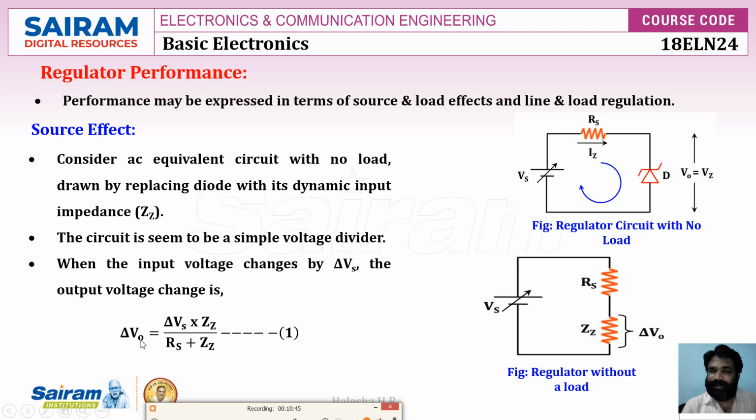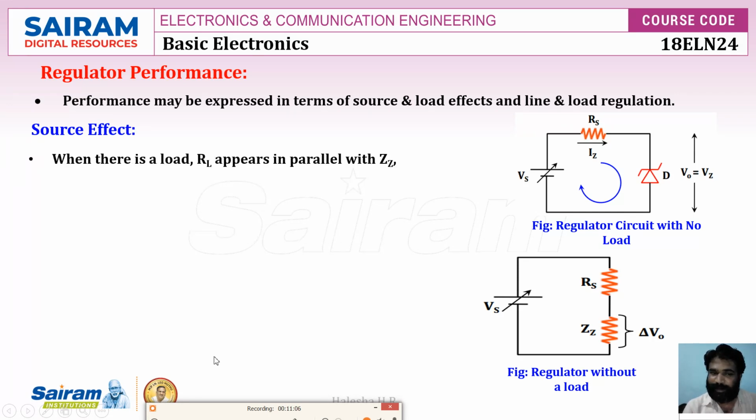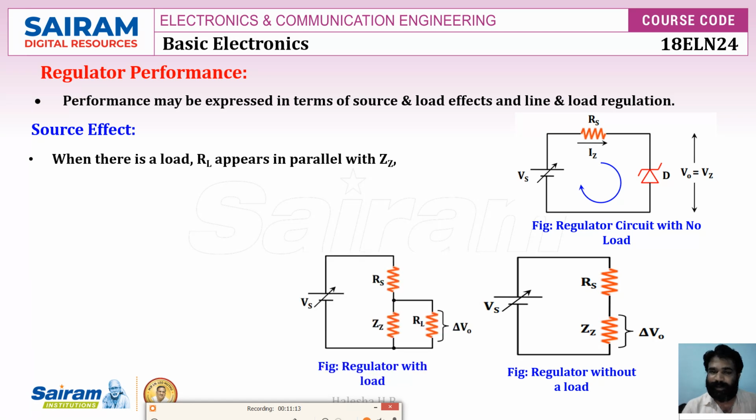This is the change in output voltage. So we are changing the source voltage, and the corresponding change in output voltage is delta VS into ZZ divided by the total resistance RS plus ZZ.